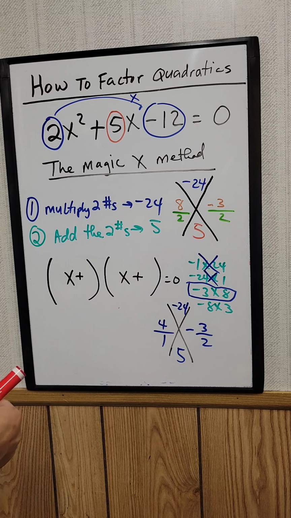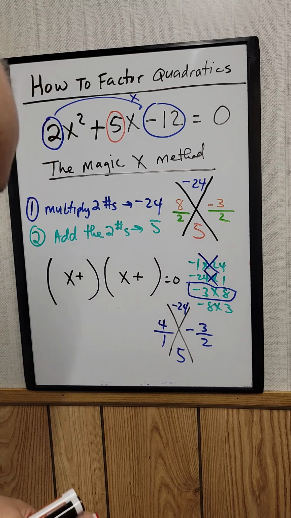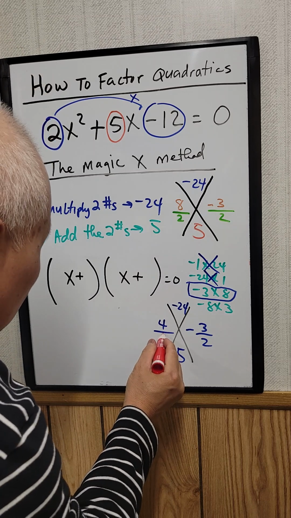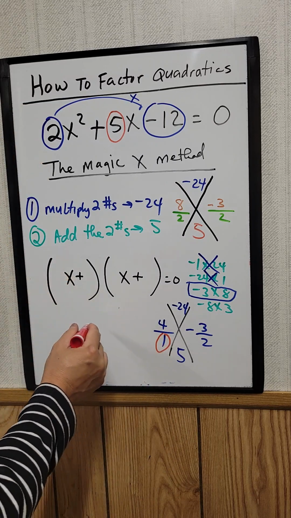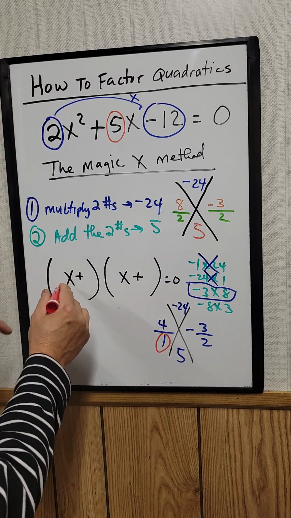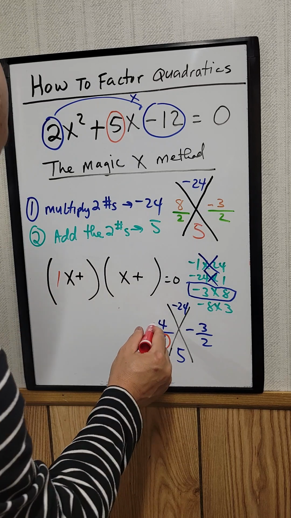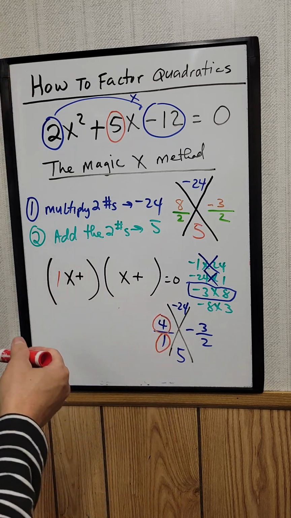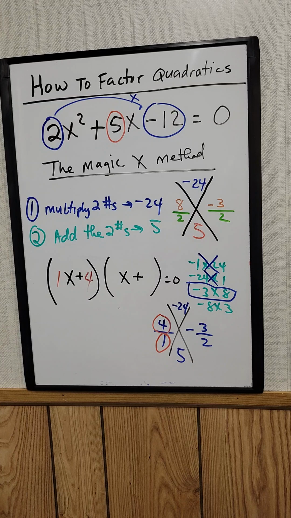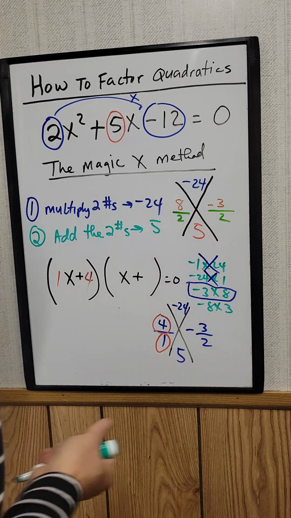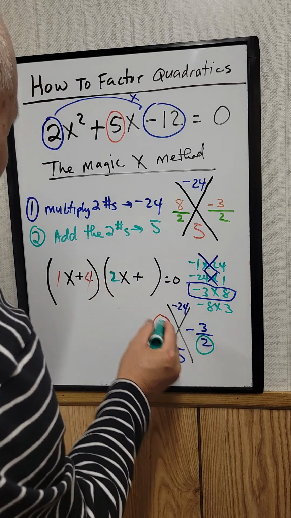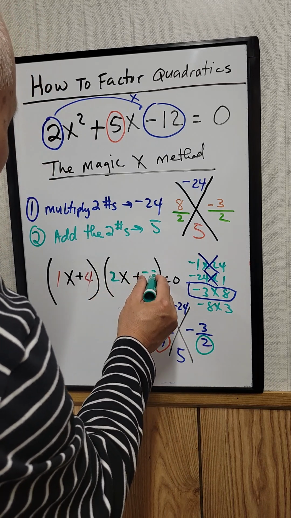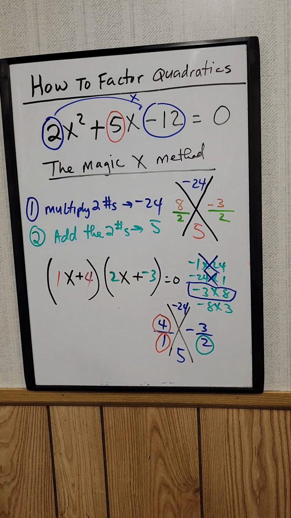So this one goes to the front of the first term, and the 2 right here will go to the front, and this will be minus 3 on top.